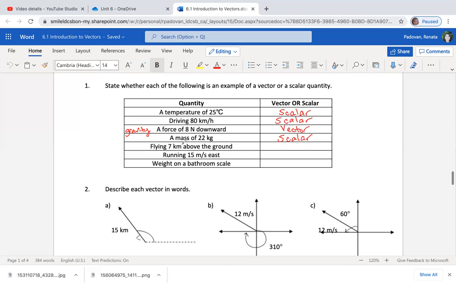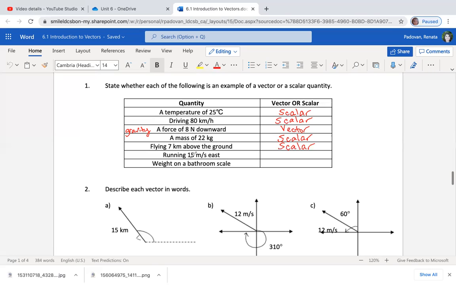Do I know that I'm flying 7 kilometers again with an amount given to me, like at a direction of 80 degrees from the horizontal, 130 degrees from the horizontal? I don't know where I am above the ground exactly, even though it sounds like I'm given a direction. So this is still a scalar. So just be careful with that, to think that through. Think if I was to draw it, maybe it might help you.